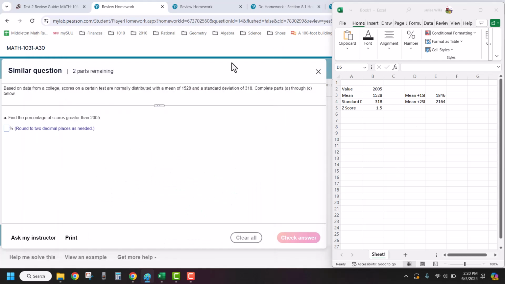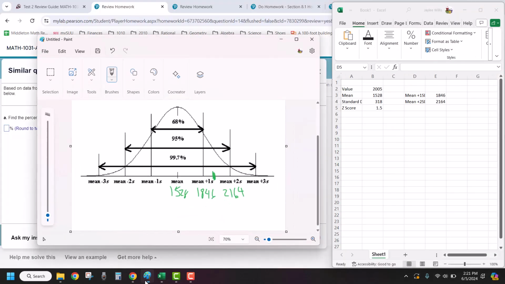Now, this question was not how many standard deviations above the mean is 2005. What it said instead is find the percentage of scores that is greater than 2005. So what that's asking us is basically what percentage of the whole population is beyond this value of 2005, which we know is 1.5 standard deviations above the mean.